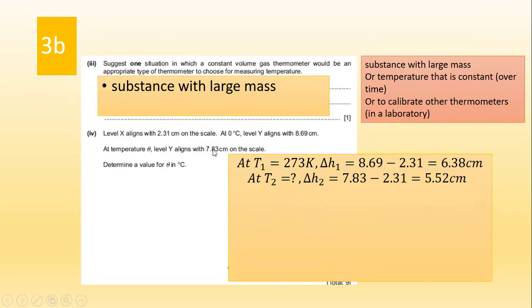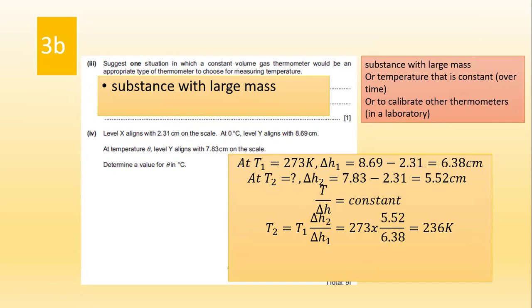So 7.83 minus 2.31, 5.52. Then instead of pressure, we can use delta H, right? Pressure is proportional to temperature. We can use T is proportional to delta H.